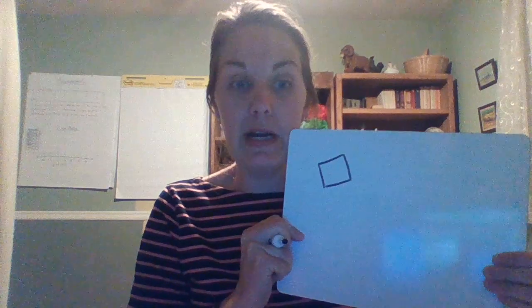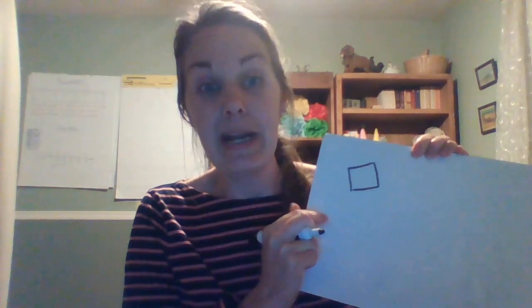But within both of those categories, there are subcategories of more specific attributes. So for example, under the subset of quadrilaterals, you could have squares, which have 4 equal sides and all right angles.